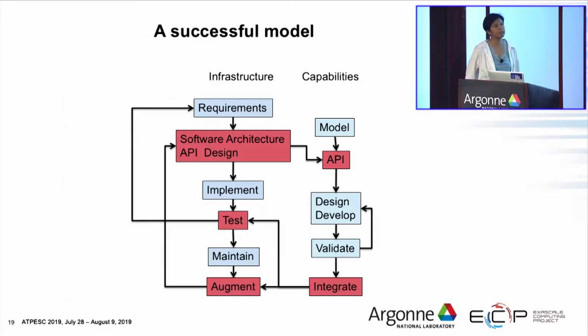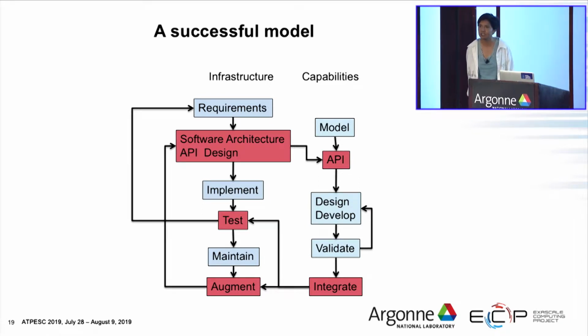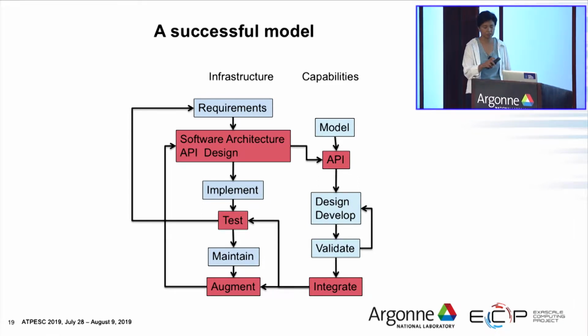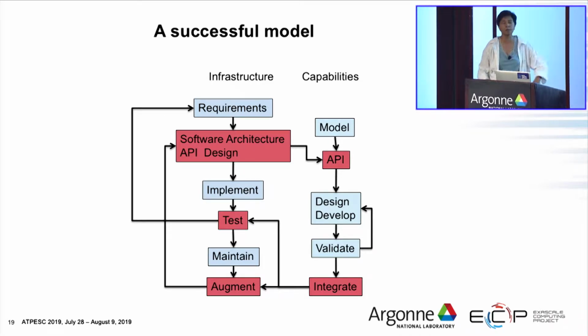So a model that has been successful for us by and large, and I think it still continues to be successful, is this model where we look at infrastructure development separately from capabilities development. And so here more time is taken in upfront design.